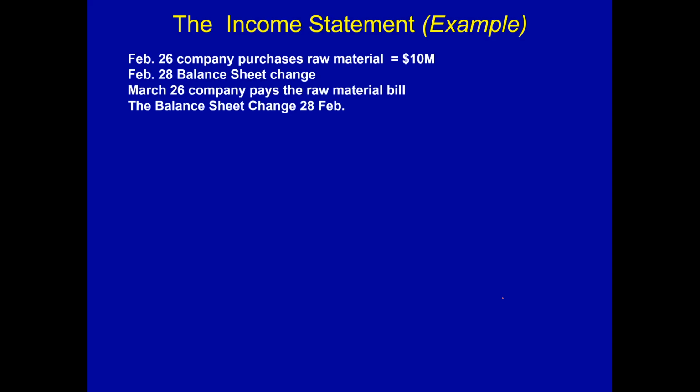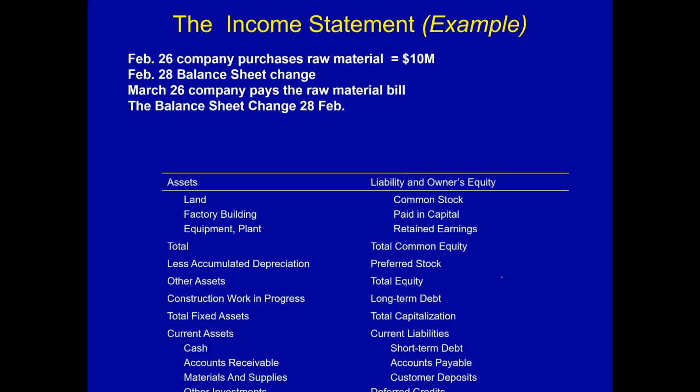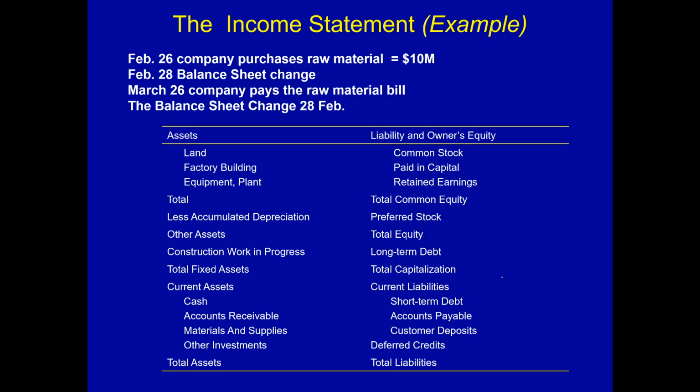Suppose on February 26, the company purchases raw material of $10 million. The balance sheet changes, let's say on February 28, and on March 26 the company pays the raw material bill.